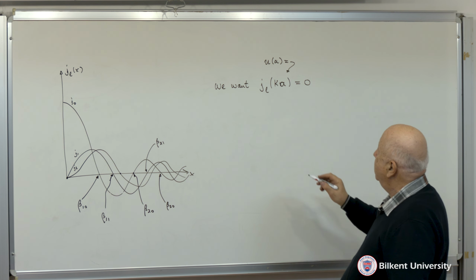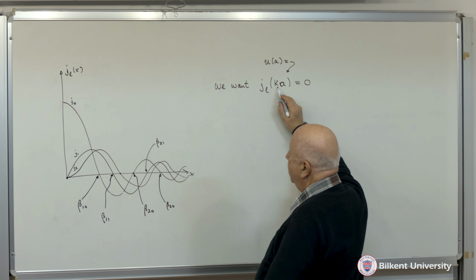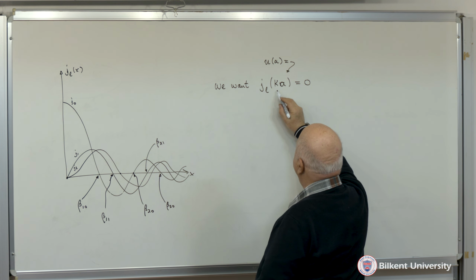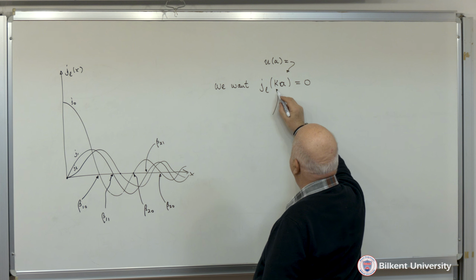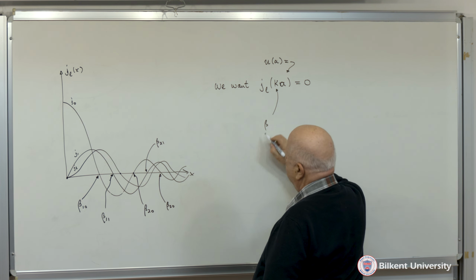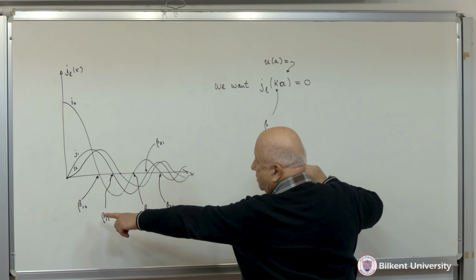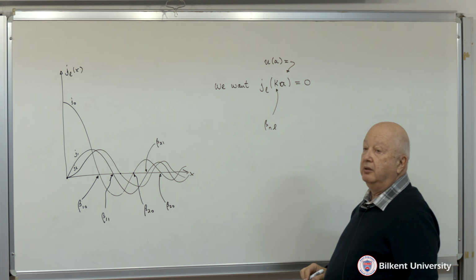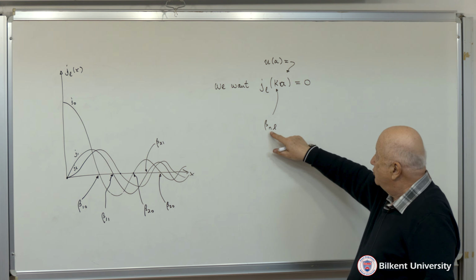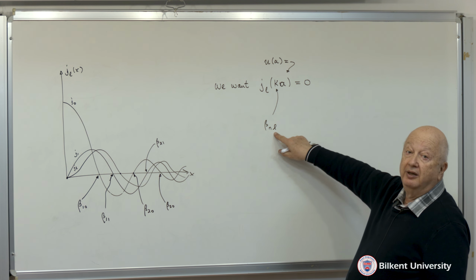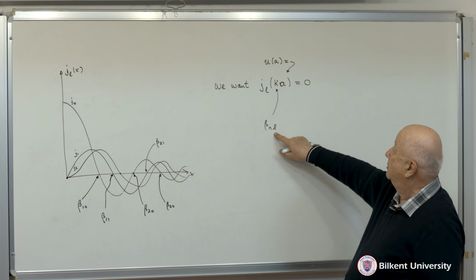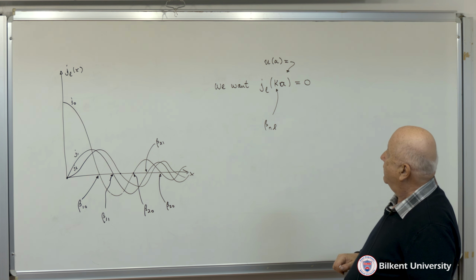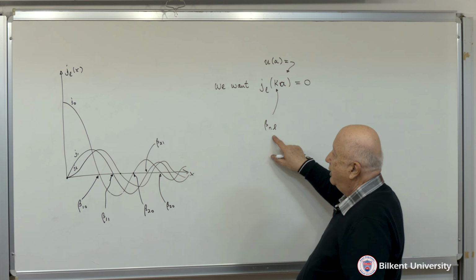Well, I put in place of k something which is related to beta so that it makes it equal to 0. So I put in place of k a beta_nL, the nth root of the L-th Bessel function.